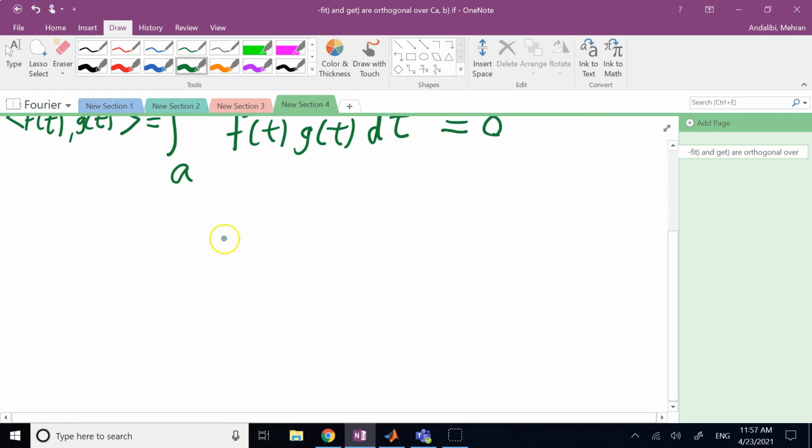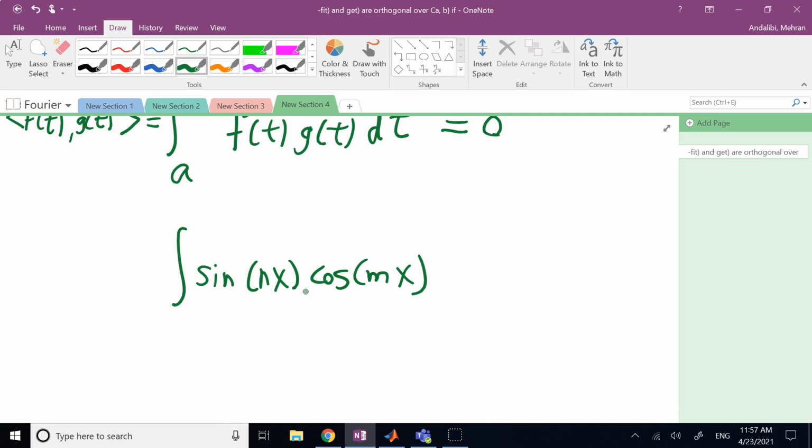In other words, you can show that the integral of sine of nx times cosine of mx, where m and n in general could be any number, but in this case we assume that they are not equal, if you integrate the product of these two functions from negative pi to pi over one period, or more than one period if n and m are bigger than 1, is equal to 0 for n not equal to m.